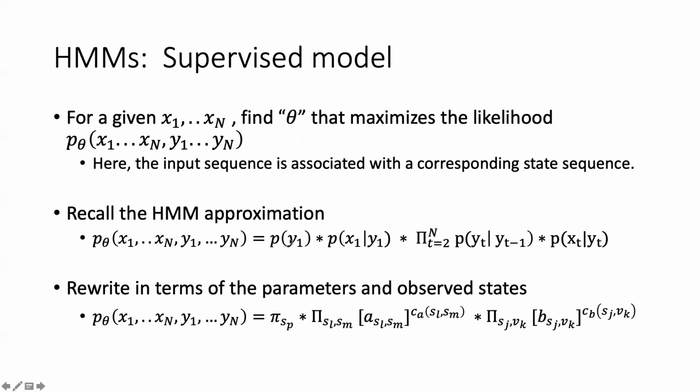These are the initial probabilities, and p of y_t given y_t minus 1 is the transition probabilities, which are represented by A's. A_{s_l,s_m} indicates the state transition from s_l to s_m, and C_A(s_l,s_m) indicates the number of transitions from state s_l to s_m, and B_j's are the emission probabilities, and C_B indicates the number of emissions of the word v_k from the state s_j.